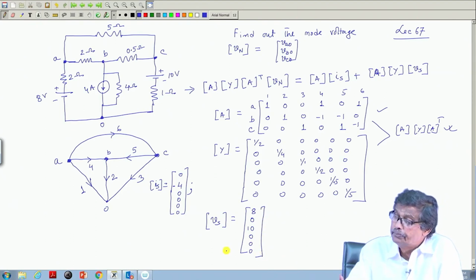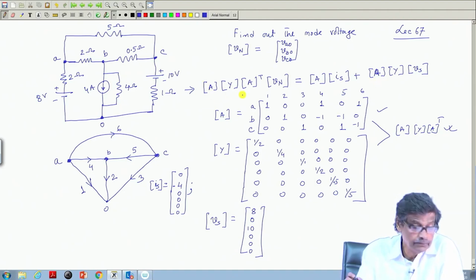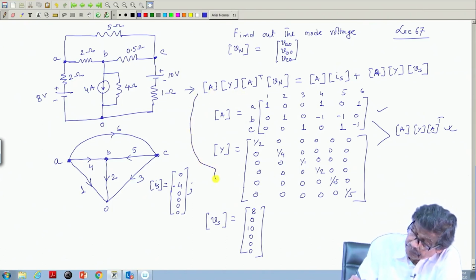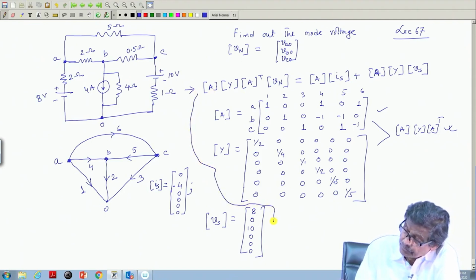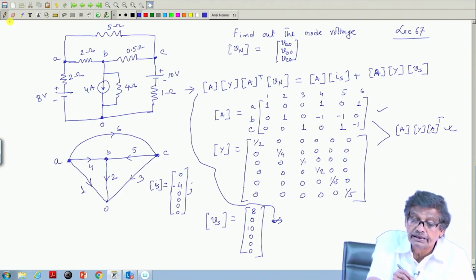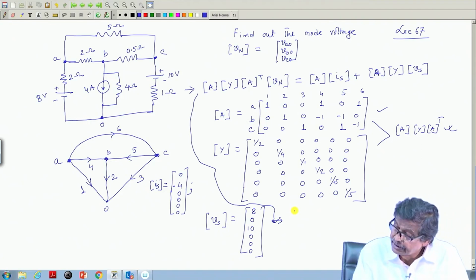Therefore, I now know everything of this equation. I will calculate A Y A transpose. I will just give you the final result. So, putting the numbers into this equation, I am writing A Y A transpose. You can verify if I have made any mistake, that is, you check that.